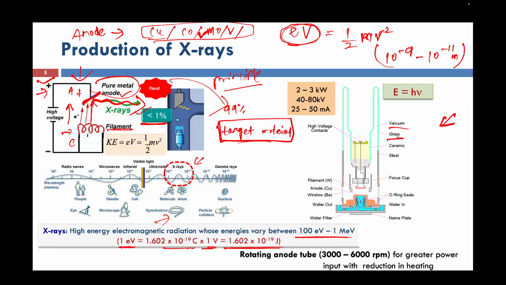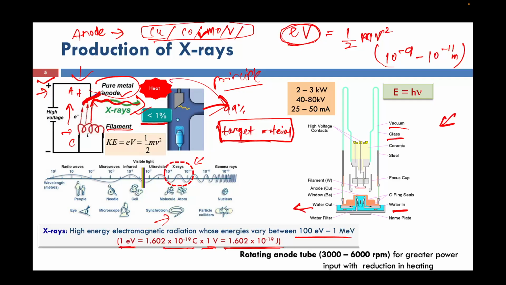You can see here water is coming in and water is going out, because continuous water should be coming and taking the heat away. Otherwise the heat generation in the metal anode will be very high, and due to which our efficiency will decrease, which we don't want.